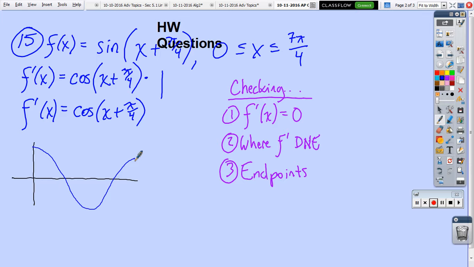So cosine of x is going to be equal to 0 at, if this is a full period of 2 pi, then here we have pi radians, and then here we have pi over 2 radians, and here we have 3 pi over 2 radians.